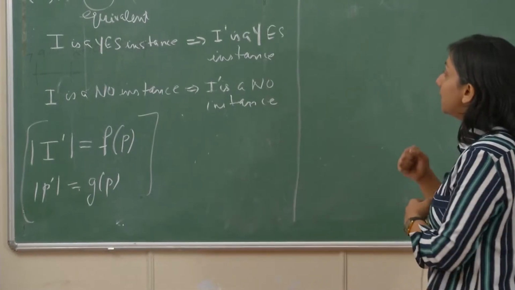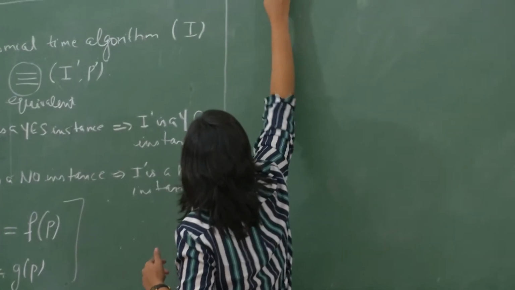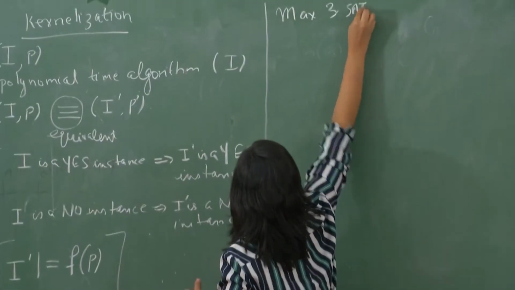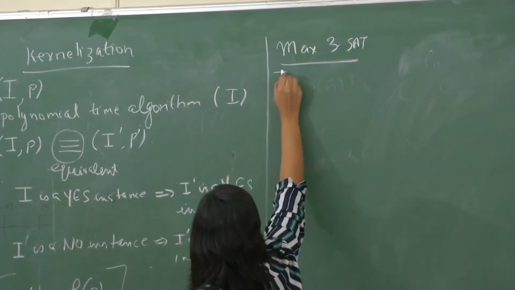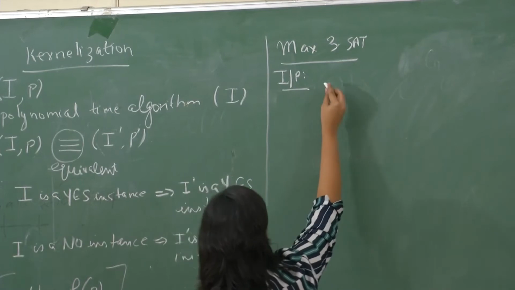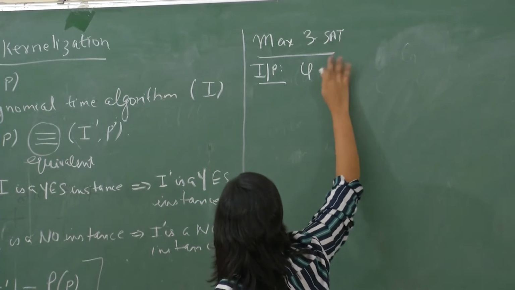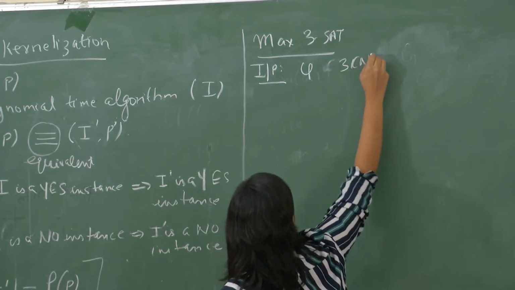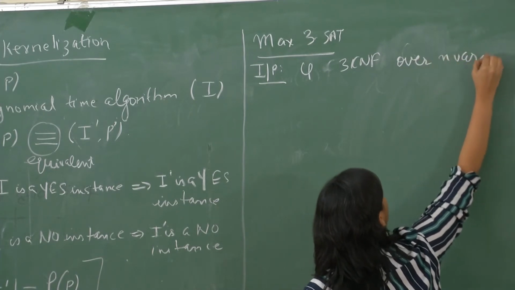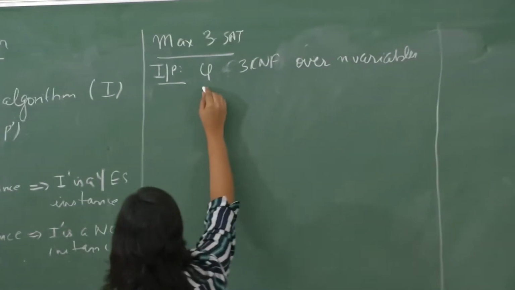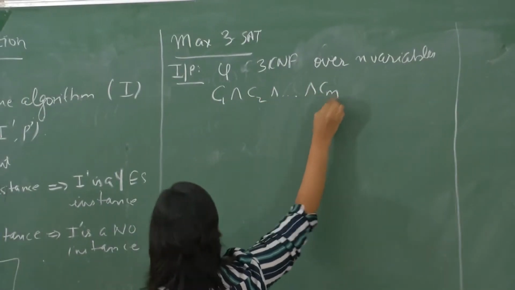So for that, let us talk about this problem called max 3-sat. This is nothing but the decision version of the 3-sat problem, okay? I'll define it. So it takes as input a 3 CNF formula psi over some n variables. So the CNF formula is of the form, let's say it has some m clauses, okay?